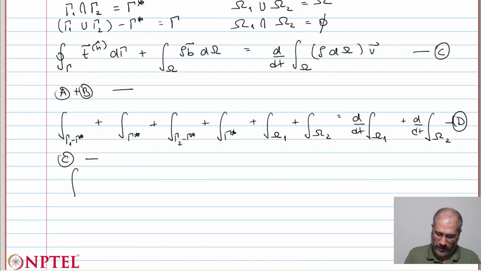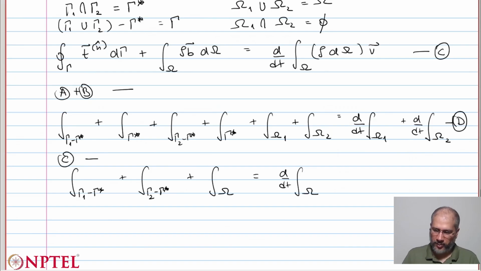So this becomes an integral, and I split the overall bounding area, that's gamma for the whole body, into two parts. One's gamma 1 minus gamma star, and the other is gamma 2 minus gamma star. And then we have an integral over the complete omega, and that's equal to d by dt over the complete omega, and let's call this equation E.